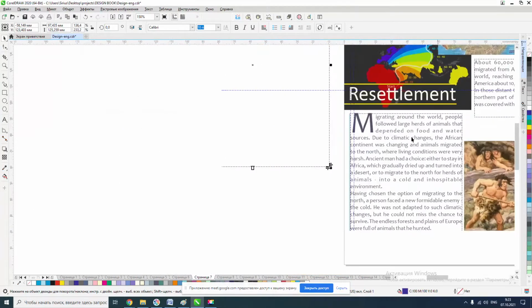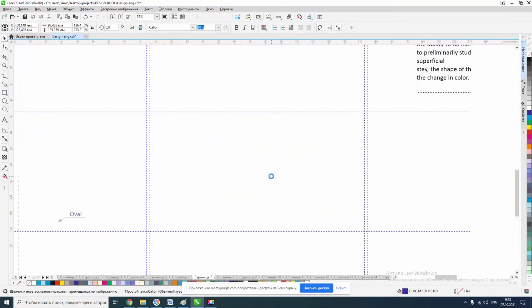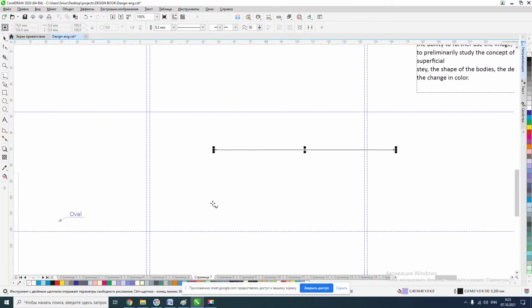That's our timeline, ladies and gentlemen. Let me show you. Let's imagine that is our timeline, and today is 2021, yeah? And before we have some years.